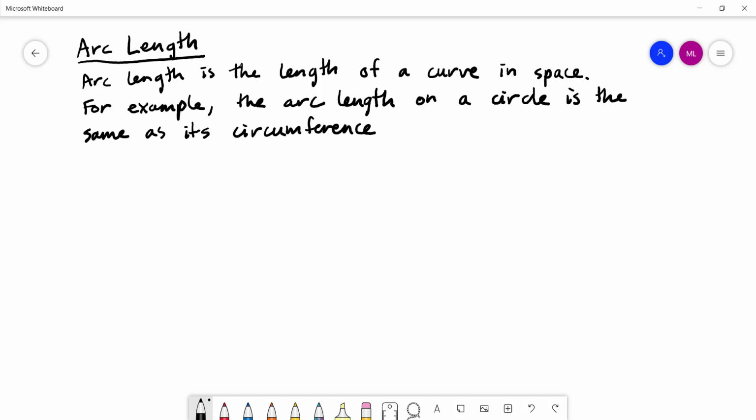Right, so on a circle, that's 2 pi r. And so that's what we mean. We're following the curve as it moves around. But we can generalize it to other shapes as well.